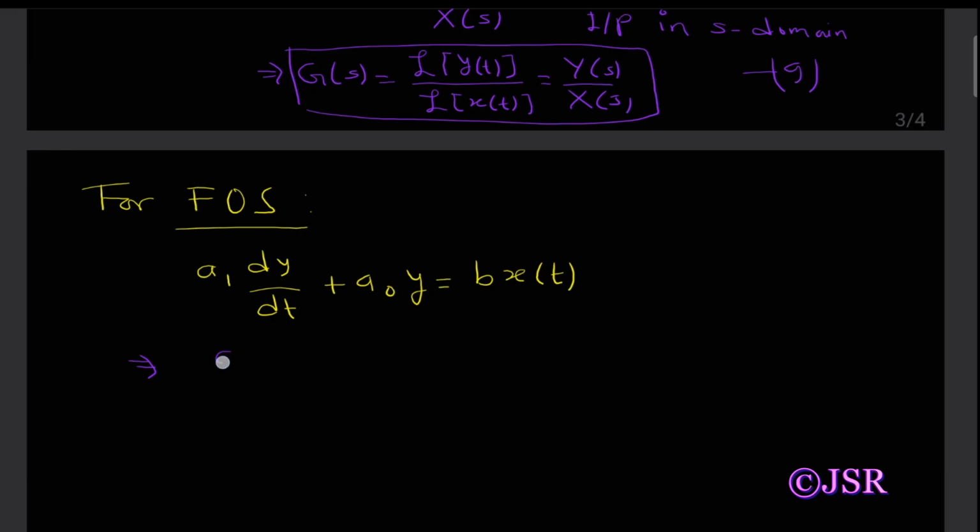So now we will transform this differential equation into S domain. So before that, we have to divide both sides by the coefficient of this y, that is a0. So we will get a1 by a0 dy by dt plus y equal to b upon a0 x of t.